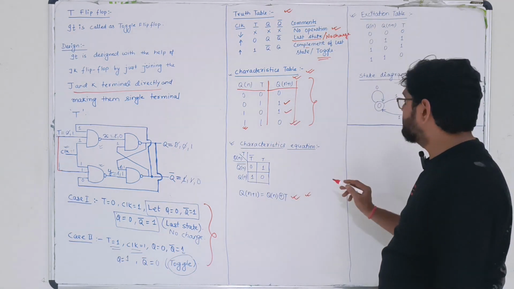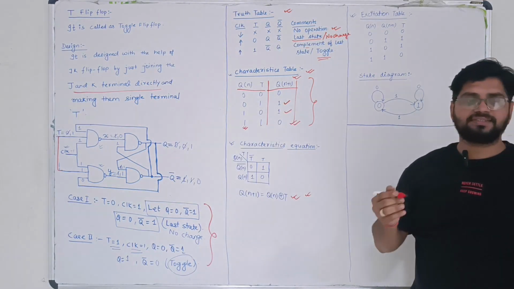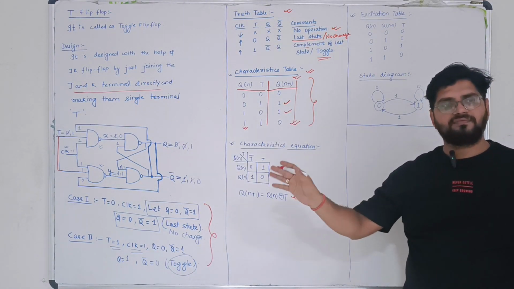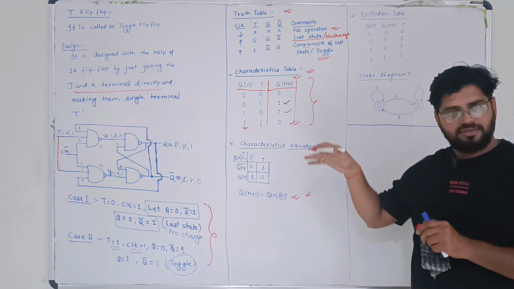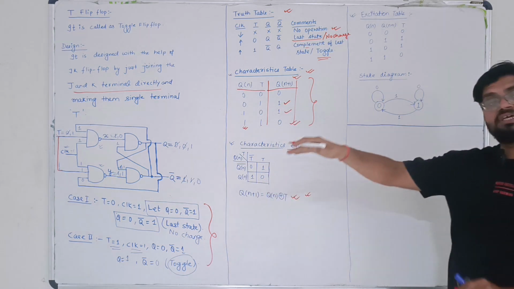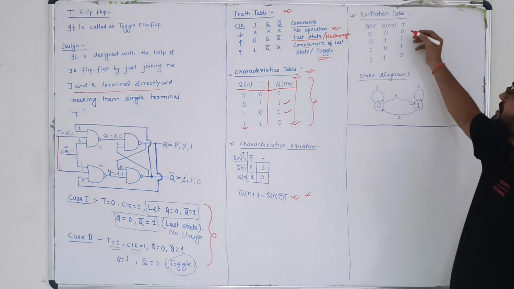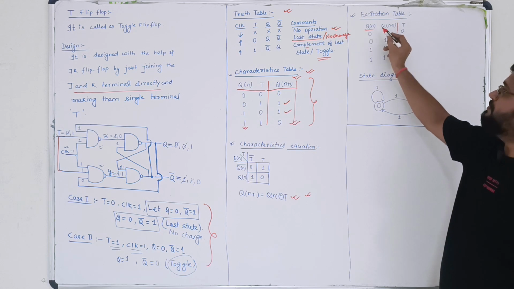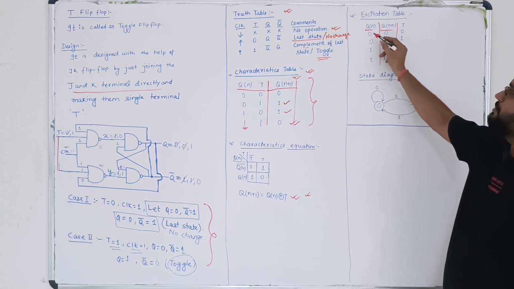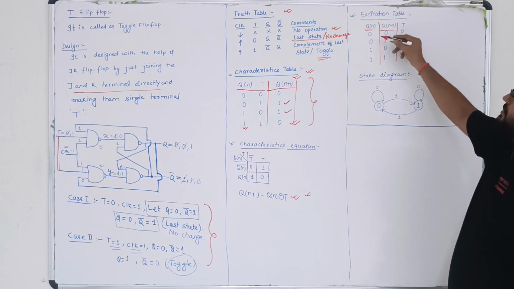Now once we have got this, we'll be moving to the excitation table. What is an excitation table? An excitation table is a table where we have the present state and next state considered as the excitation, and from there we are deriving the response, that is the input. We are finding out the value of inputs. So the input is T, we are finding out T. Now if there are two variables, how many combinations are possible? 4 combinations, 00, 01, 10, 11.